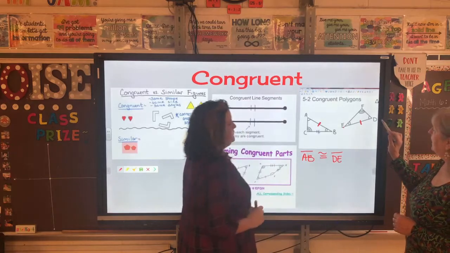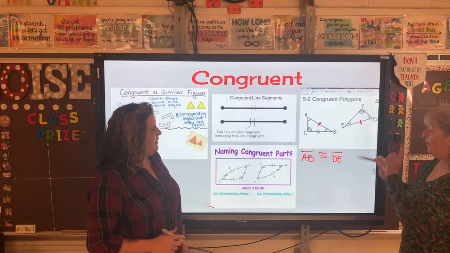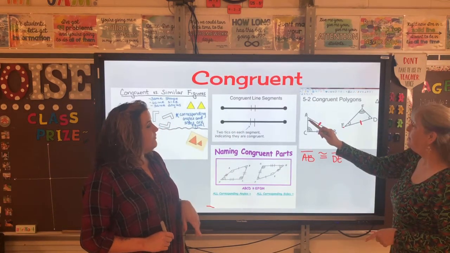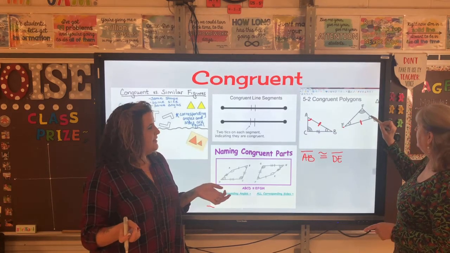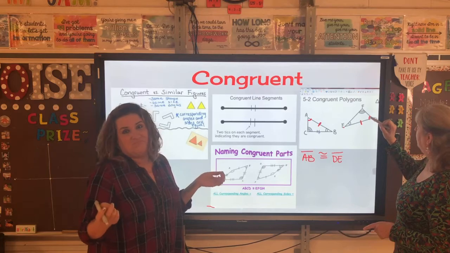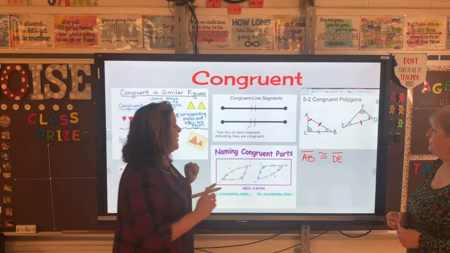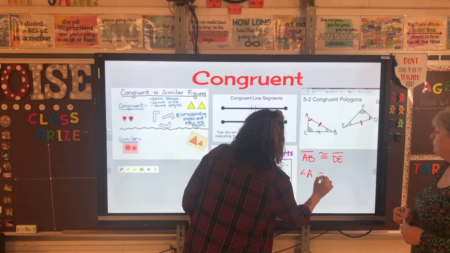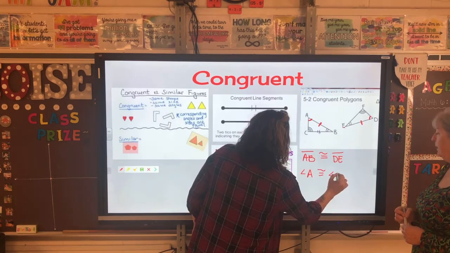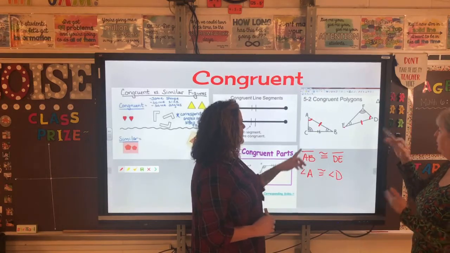And the reason it has to be in that order is because of these little angle arcs. Is that what they're called officially? Yep, angle arc right here. So I could say that angle A is congruent to angle D, and so on and so forth.